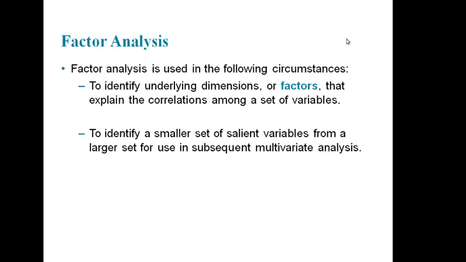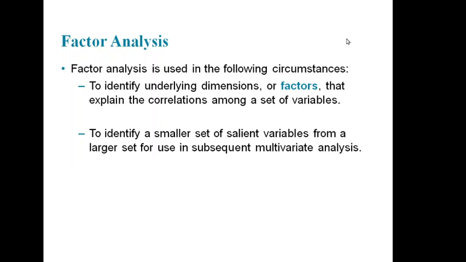So basically factor analysis is used in the following circumstances. One is to identify underlying dimensions or factors that explain the correlation among a set of variables. So the basic analysis that we do here is the correlation, which we are going to see in the later part of the lecture.